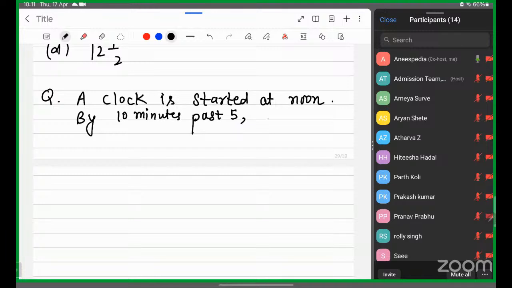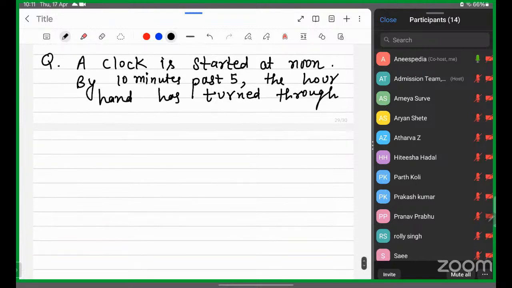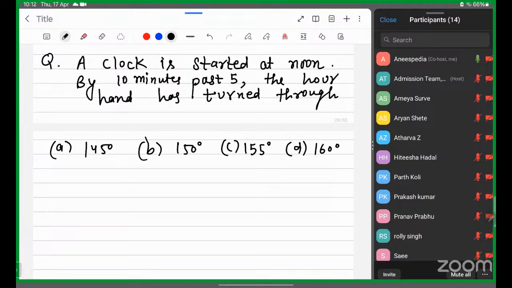The hour hand has turned to what angle? Option A 145 degree, option B 150 degree, option C 155 degree, option D 160 degree.